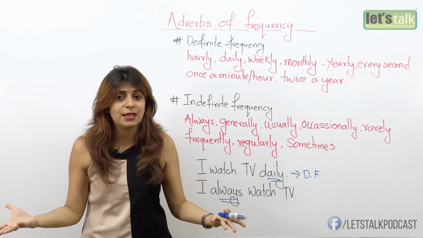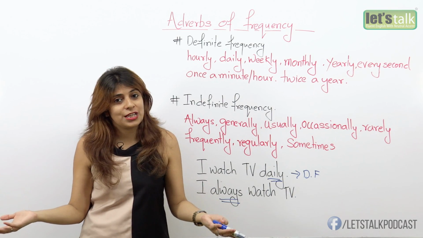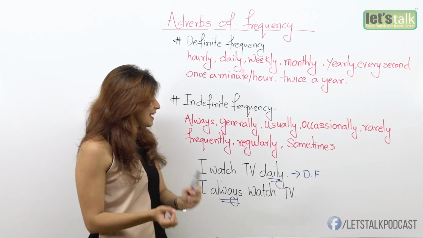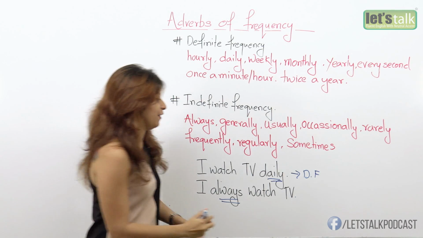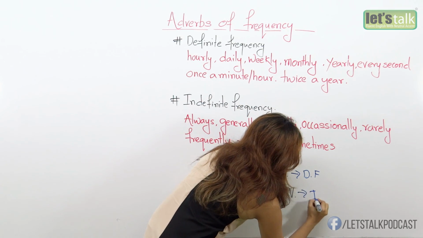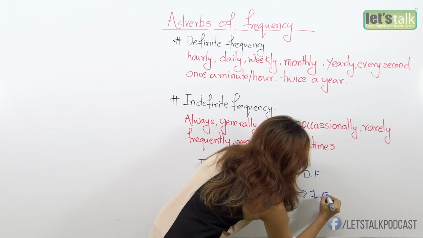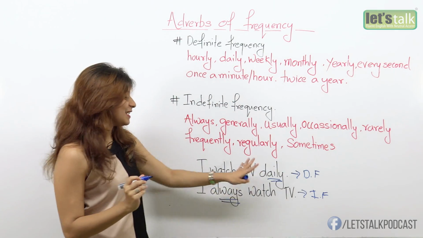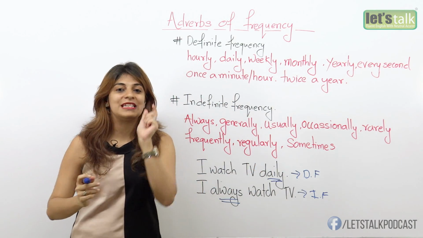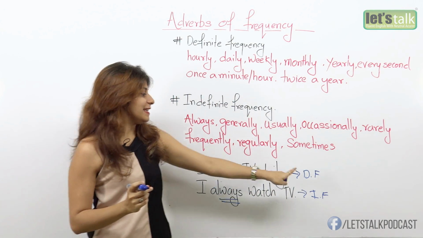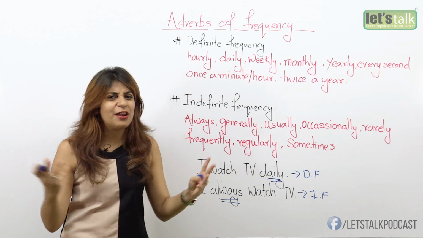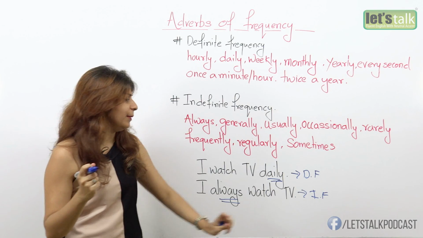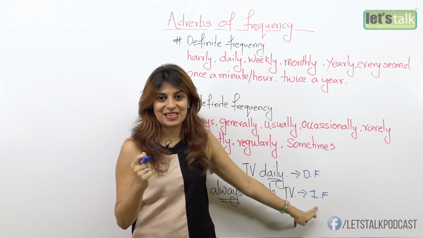I love watching TV, so I always watch TV. So here, always is the adverb of frequency, but it is indefinite frequency. So that's the difference. When we talk about definite time, it's definite frequency, but when we just talk about general time, not an exact time, it's indefinite frequency.